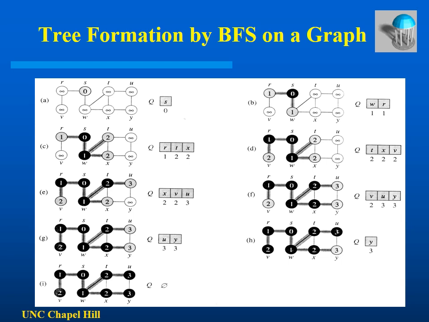And in part B, we see that the 2 nodes that are adjacent to S, namely W and R, have been put on the queue, W then R, and each of them has been marked as discovered, gray, and each of them has had its path length from S stored as the length in S, where we came from, to W and R respectively, plus 1, and thus a path length of 1 from S to W and from S to R. And the arcs are appropriately made gray.